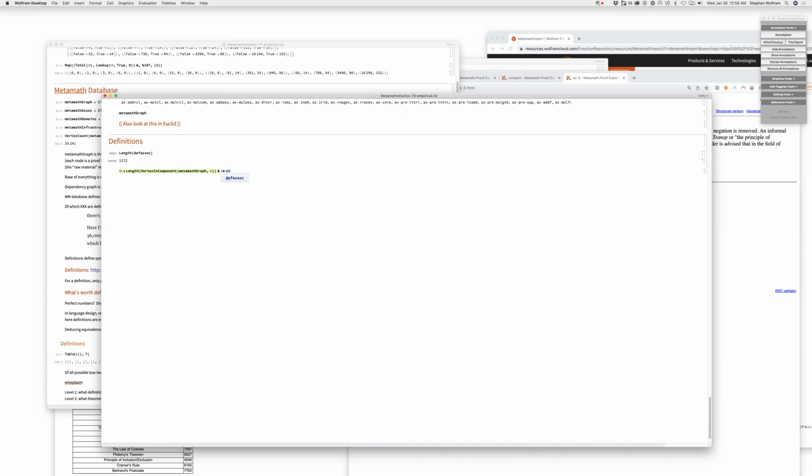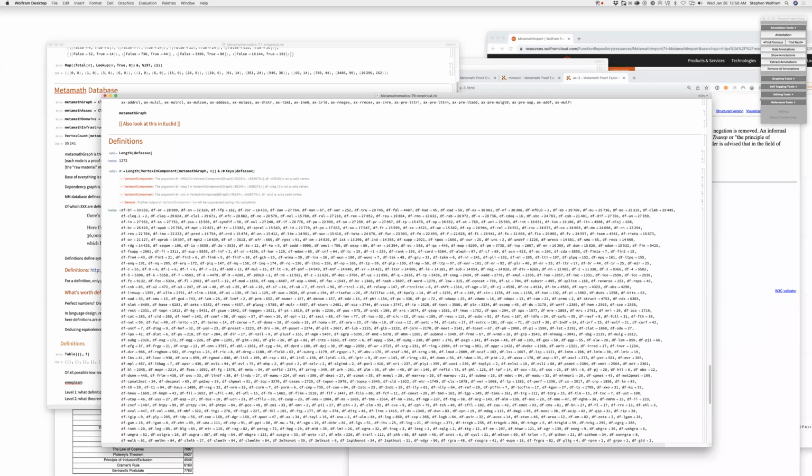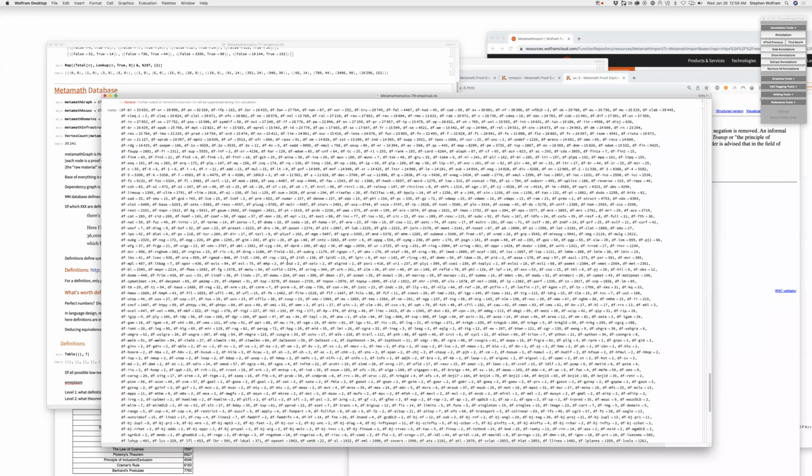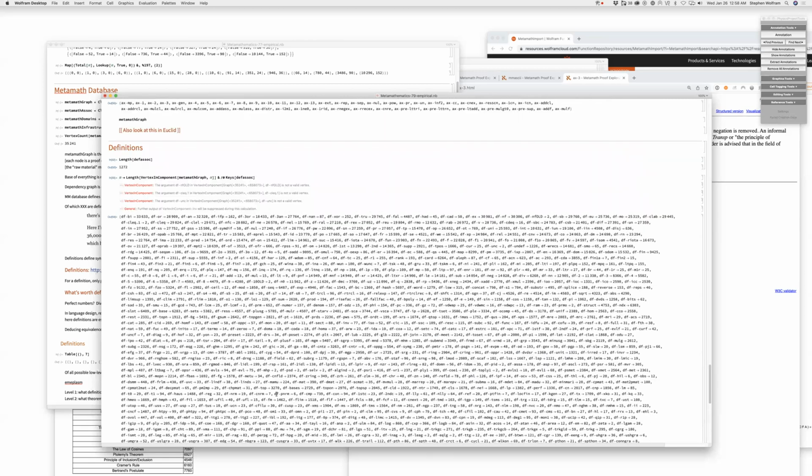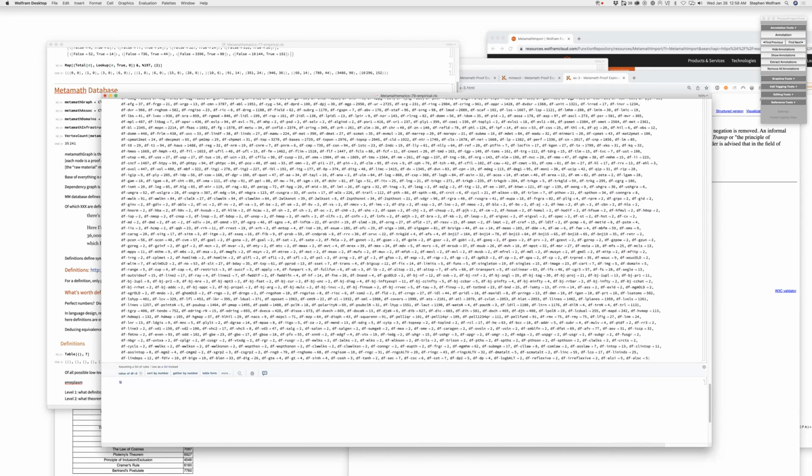That's just keys of that, right? All right, so now let's say sort by.